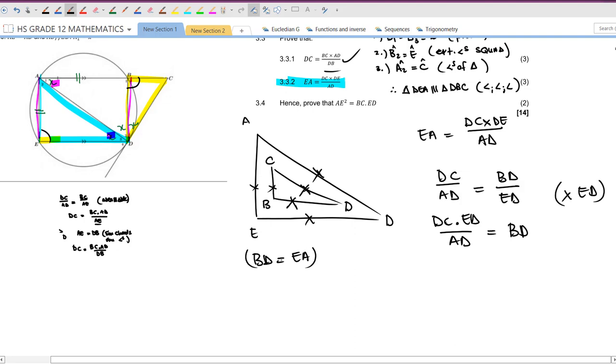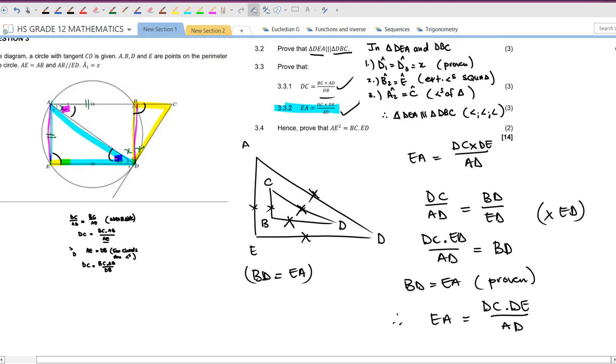Okay, let's look at our drawing. Well, we just did that. Those must be the same because they support the same angle. So BD equals EA, and that's proven. So therefore EA equals DC, and then instead of ED I can write DE, it's the same thing, over AD. So that's done. Again, take our 30 seconds, write it down or screenshot it.